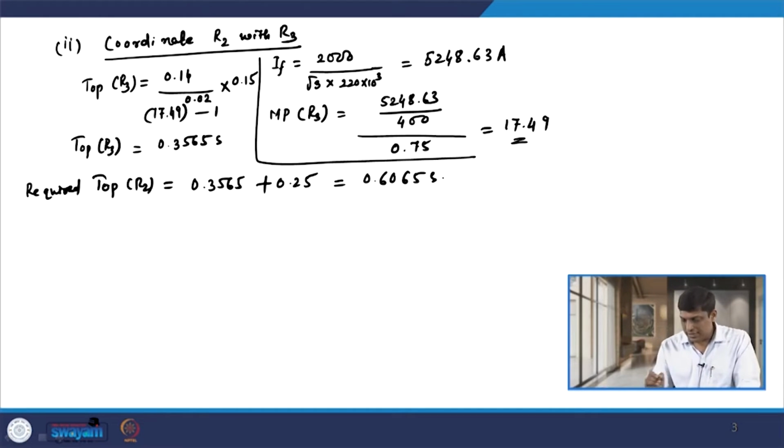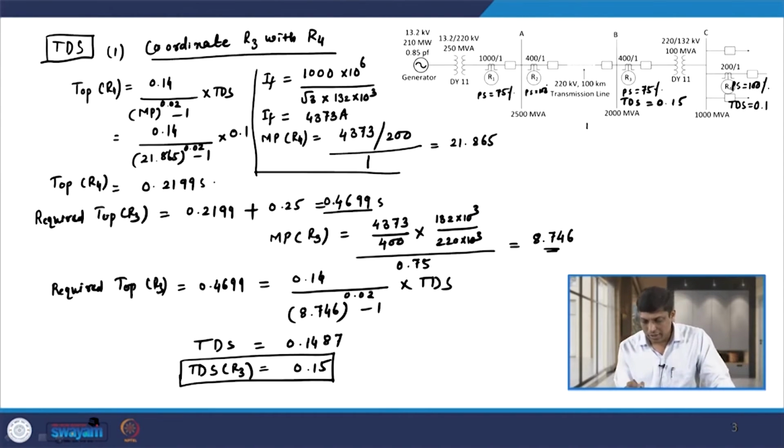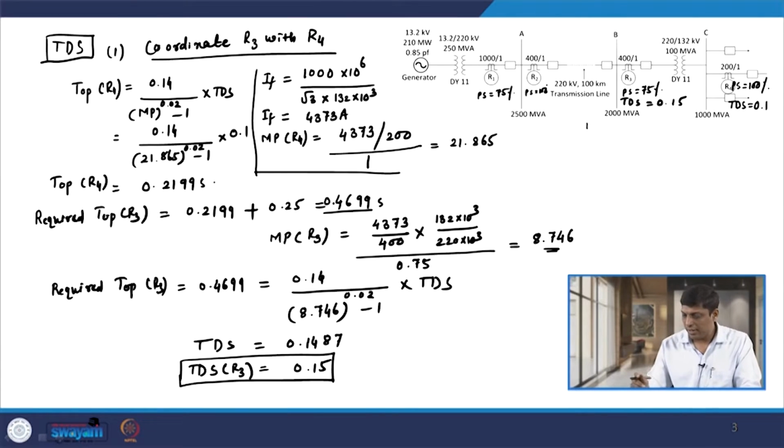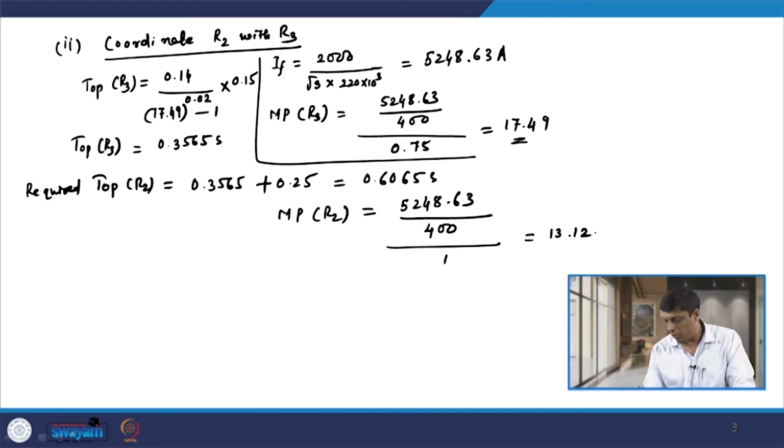Now, for the same fault level, let us calculate the multiple of pickup current of relay R2. For the same fault current, that is 5248.63 divided by the CT ratio of relay R2. Relay R2 is given at 400 and its plug setting is 100%, so this is 400 whole divided by 1. So, we have the multiple of pickup current, that is 13.12.